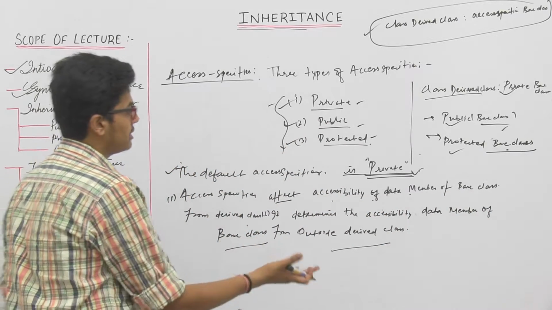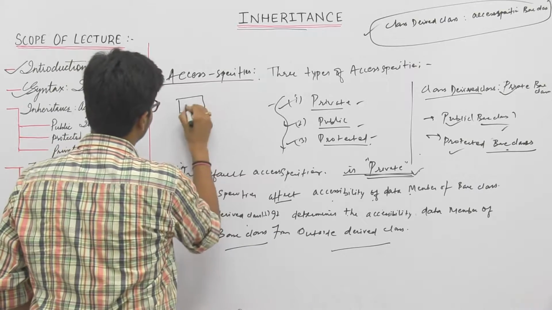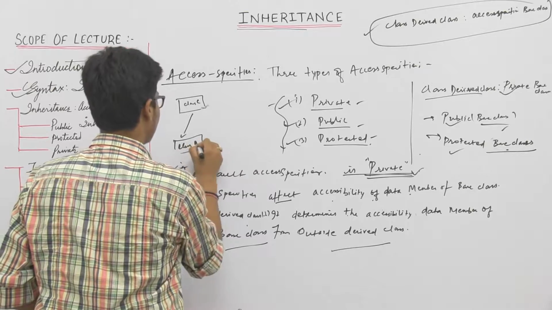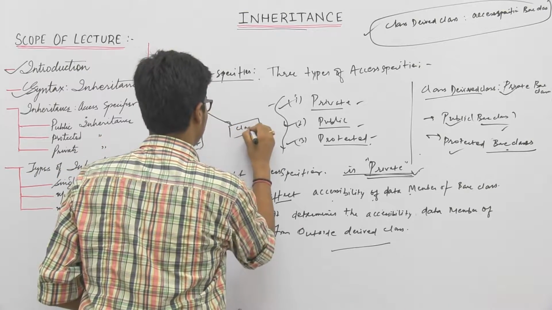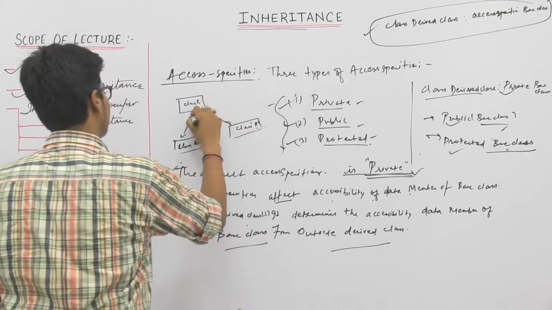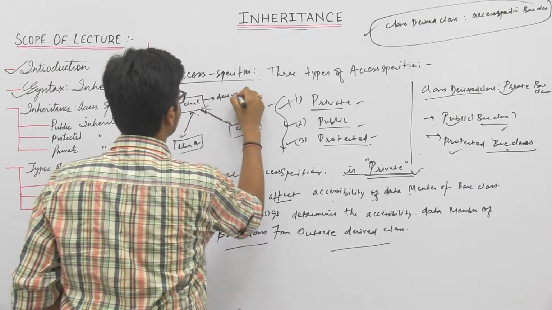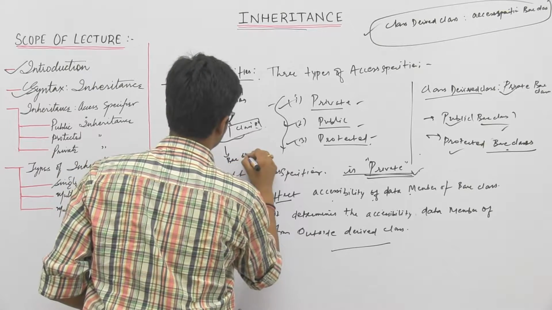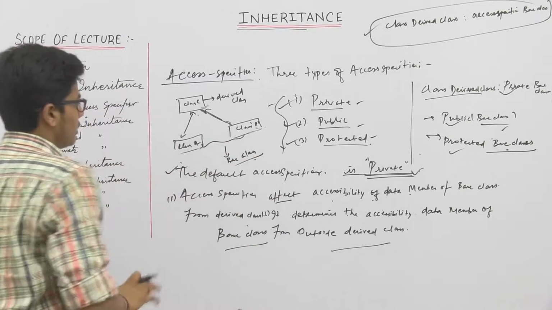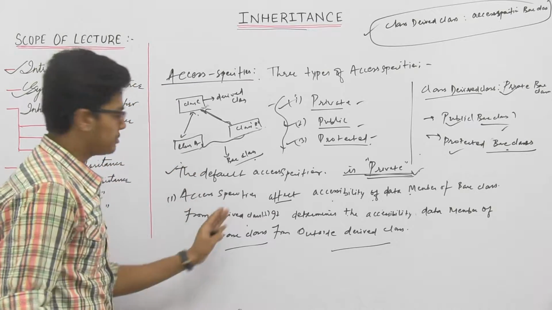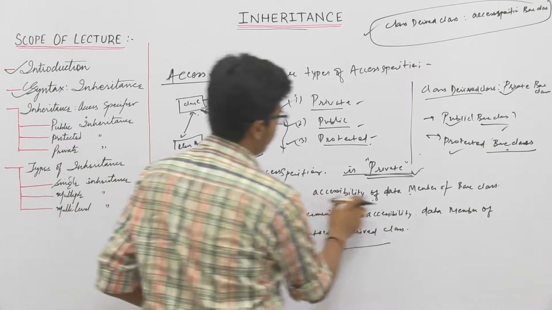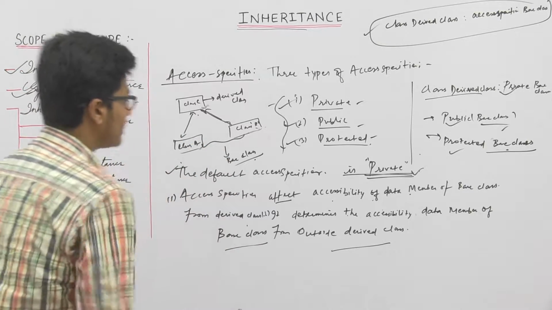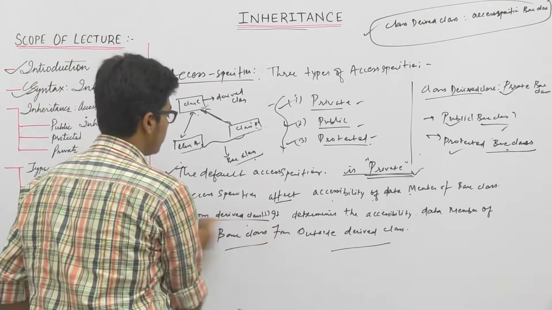Suppose this is class C, this is class A and this is class B. Class C is the derived class and the others are the base classes. According to the statement, the access specifier affects the accessibility of data members: the derived class can access or affect the data members of the base class.